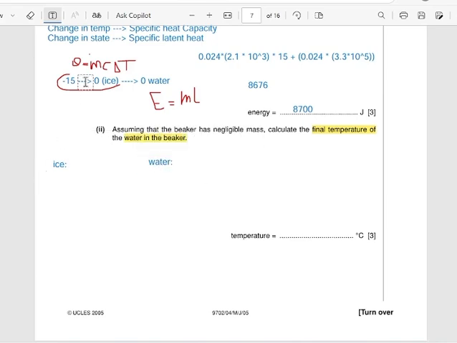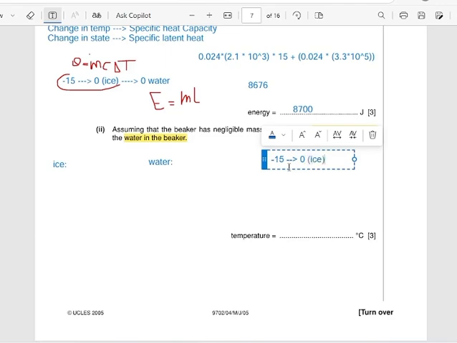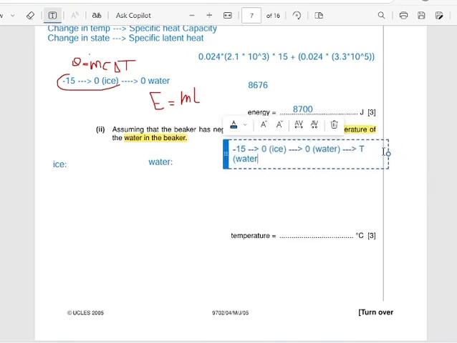For ice, we just figured that it has to go from minus 15 degrees Celsius ice to 0 degrees Celsius ice, and then to 0 degrees Celsius water, and now there is a certain temperature the water has reached, which we have to figure out. This is how it has to look.